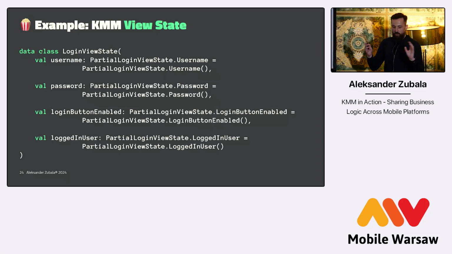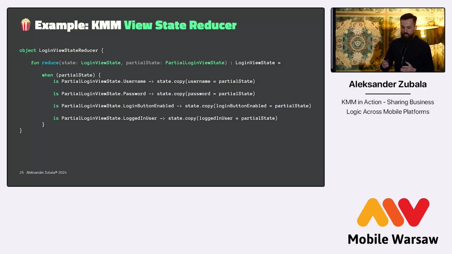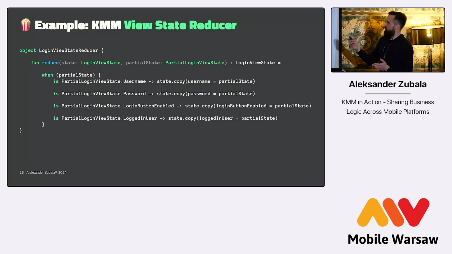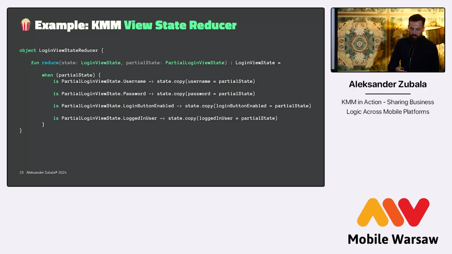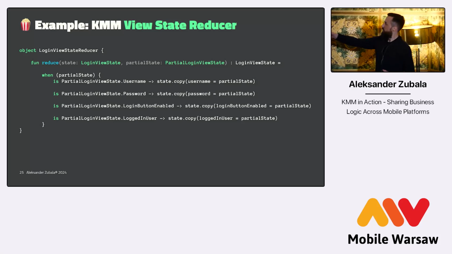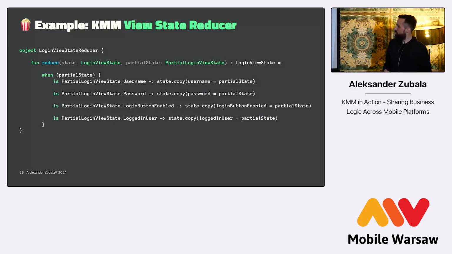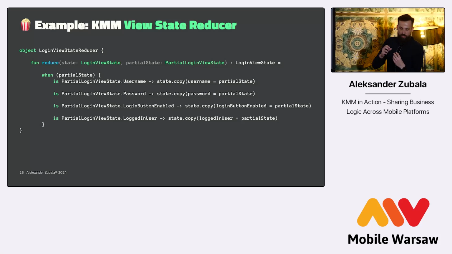So right now we only define the view state, and the part that we need to change this view state is the state reducer. This is the object that has one public API and takes the immutable view state and the partial view state, so the portion that we would like to change, and we are using this when construct to change only this one portion of the state and return the copy with the update.